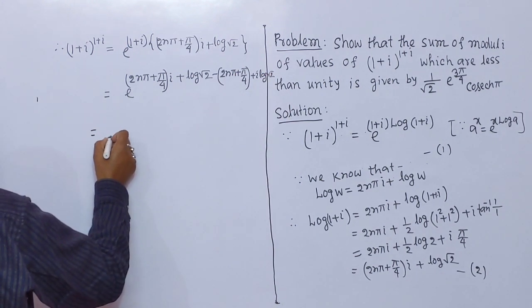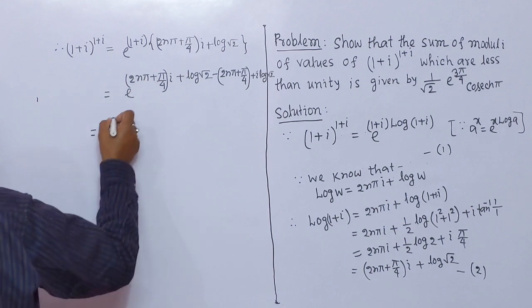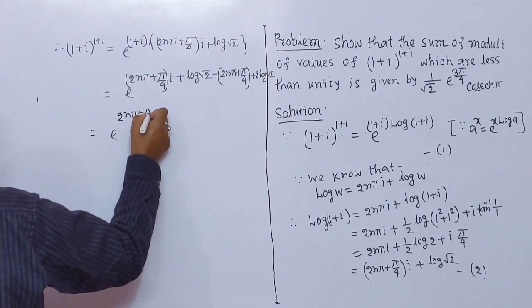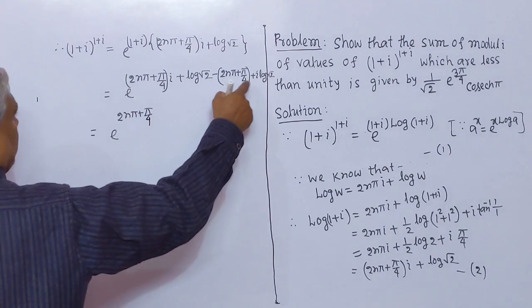This is equal to e to the power (2n pi plus pi by 4) i.